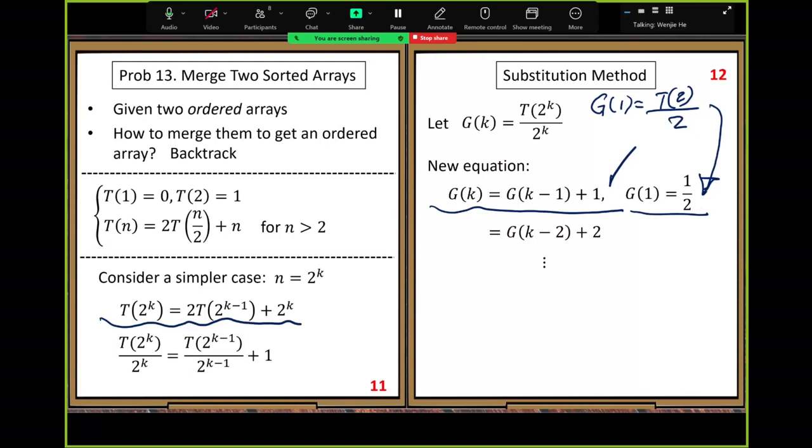Keep doing this until you reach the bottom. At the bottom, we want a g of 1 here. And how about the number added? G of 1 plus what number? Which number should we put in that question mark place?